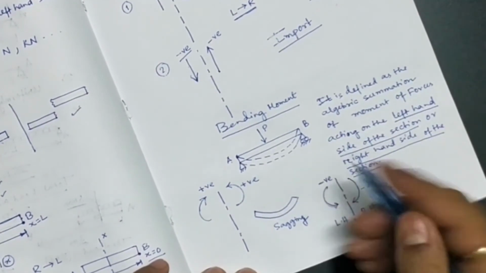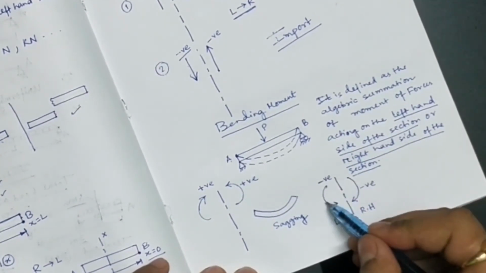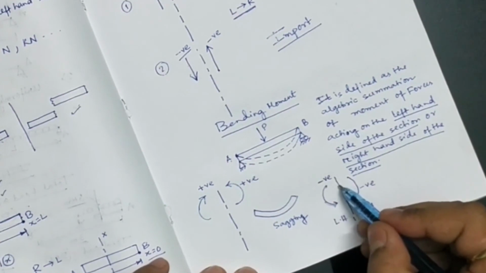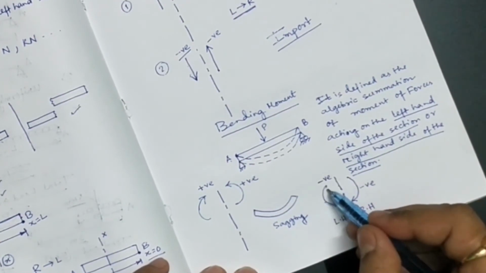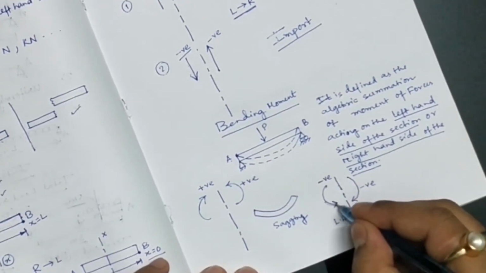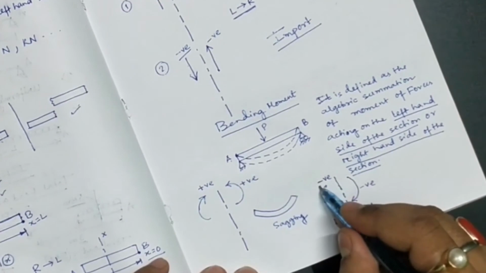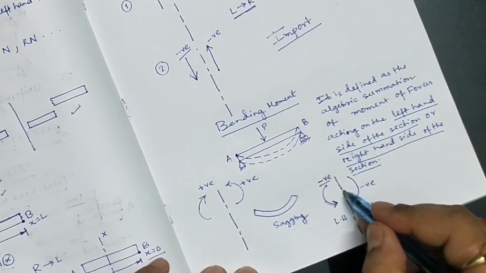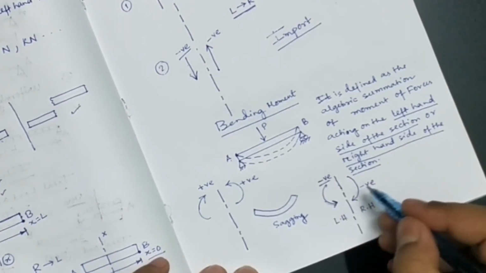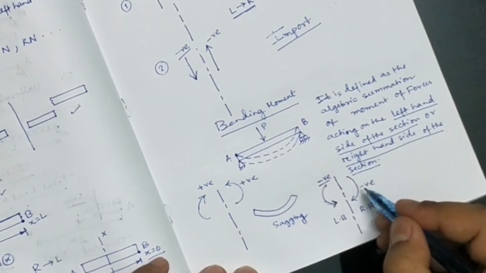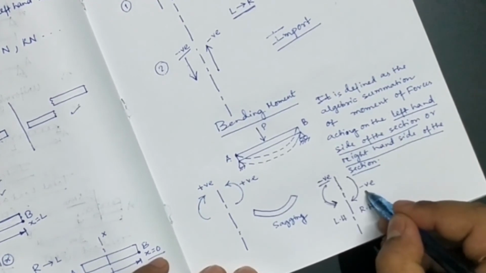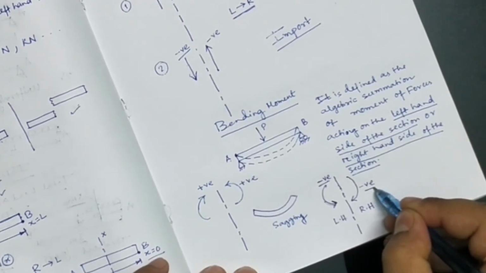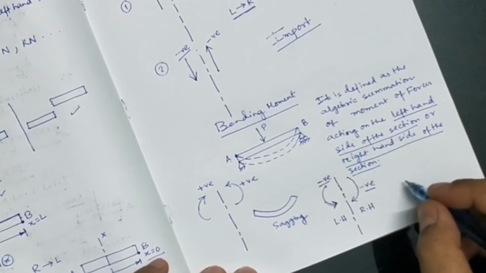If on the left hand side of the section there is an anti-clockwise moment acting, then that has to be taken negative. And if on the right hand side of the section there is a clockwise moment, that has to be taken negative.